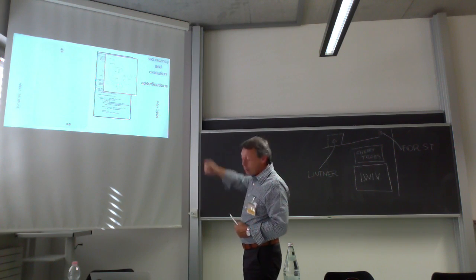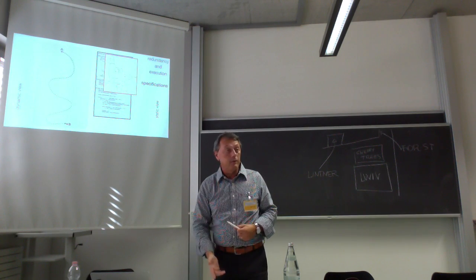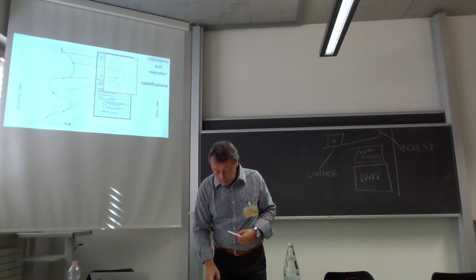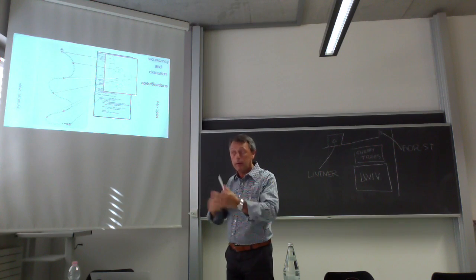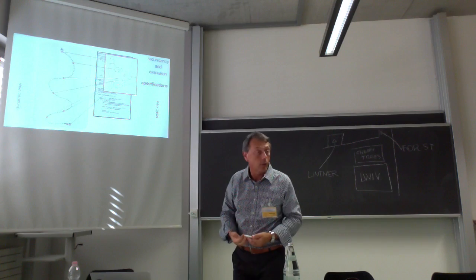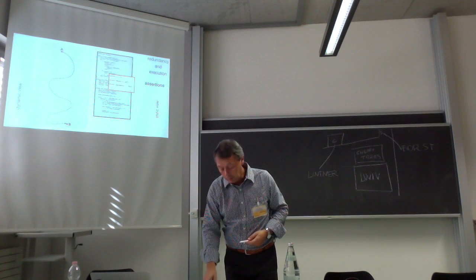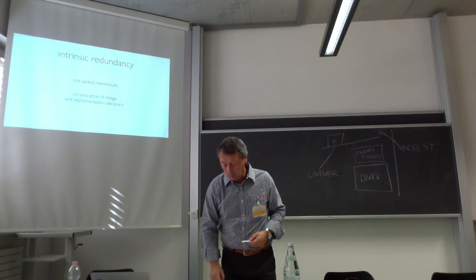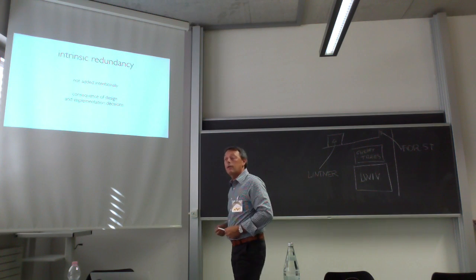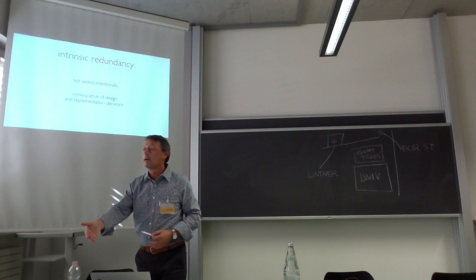With specifications, you have a specification that tells you what the code is supposed to do, so you can connect the specification with the code. Again, you get information about the correctness of the code. Assertions are evaluated through the execution of the code. Now, what we are looking at goes beyond that.